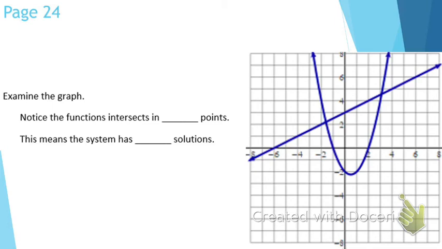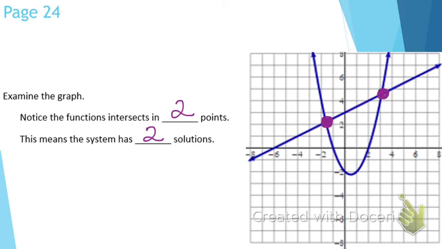Good. So because it intersects in 2 places, that means we have 2 solutions. Now, can you put a point on the graph where your solutions would be? So this would be a solution, and so would this be. These are your 2 solutions.